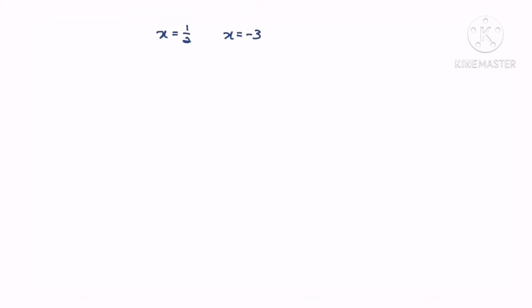Here we have step number 4, which is a table. Kindly draw a number line to illustrate the situation. Then locate the values negative 3 and 1 over 2. Then we have the interval negative infinity to negative 3, where negative 3 is not included, followed by negative 3 to 1 over 2, where negative 3 and 1 over 2 are not included.